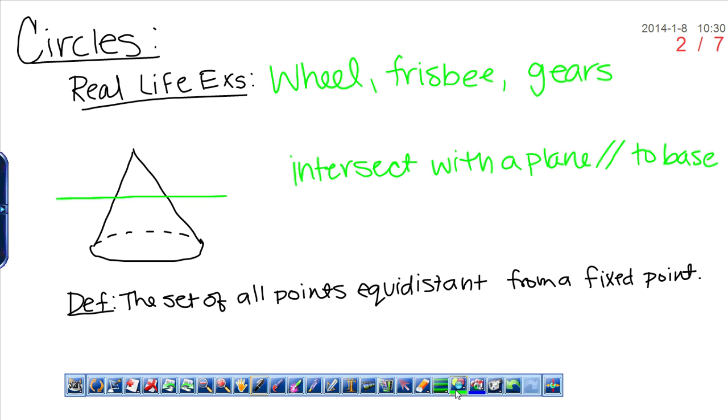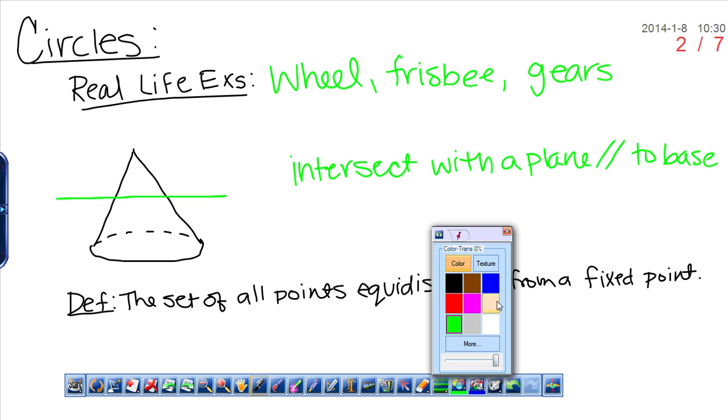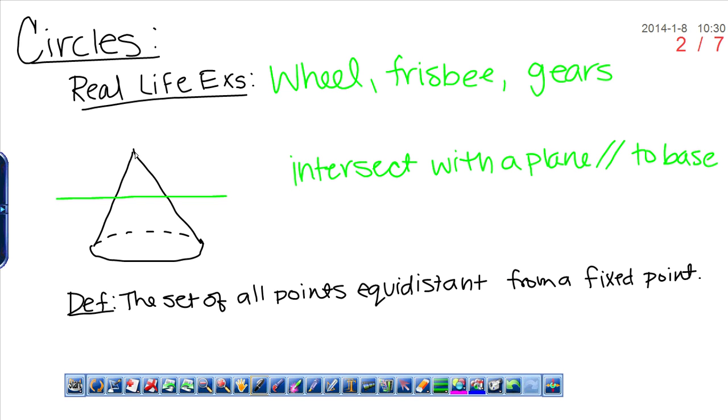Okay, and remember I told you that you can kind of envision the altitude of this cone as what we call an axis. What would we say the plane is in relation to that axis? Yeah, or you could say perpendicular to the axis. I'm telling you both ways because you could see the problems come up both ways.